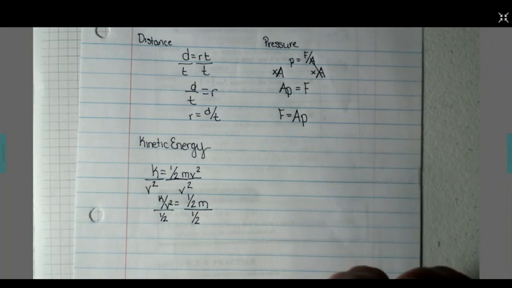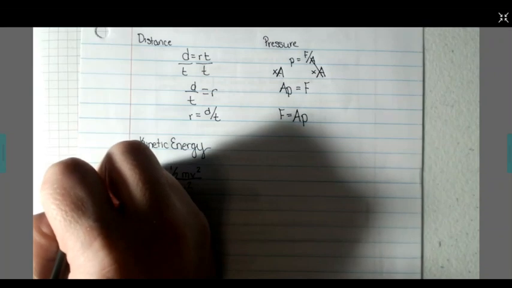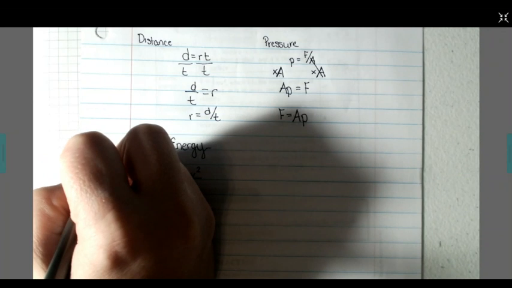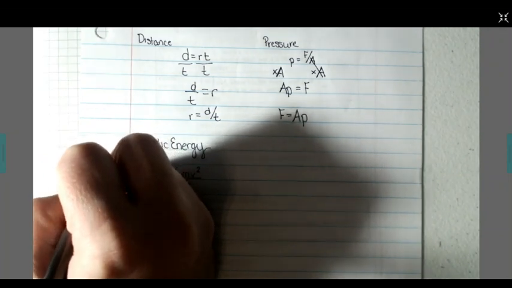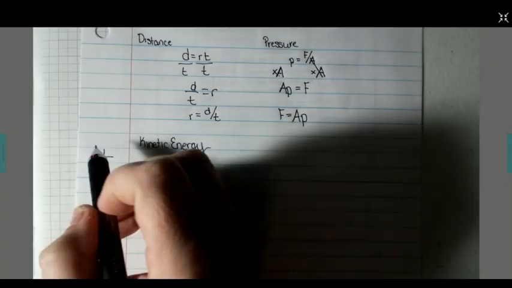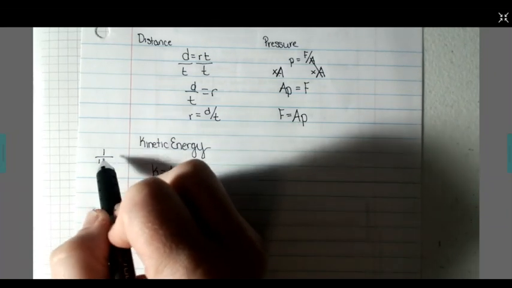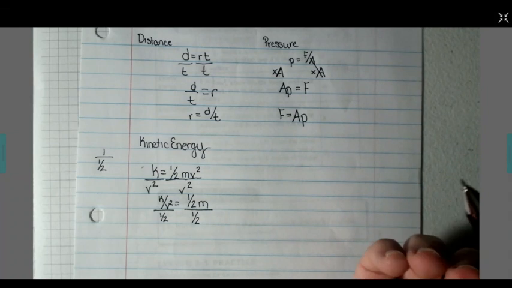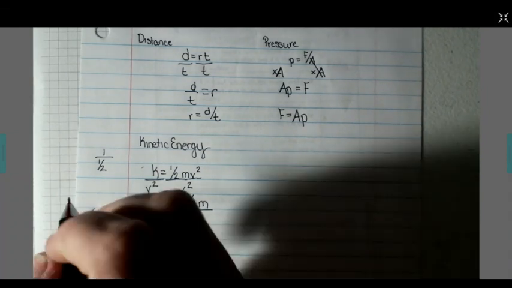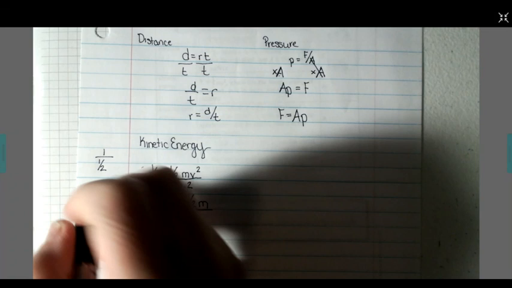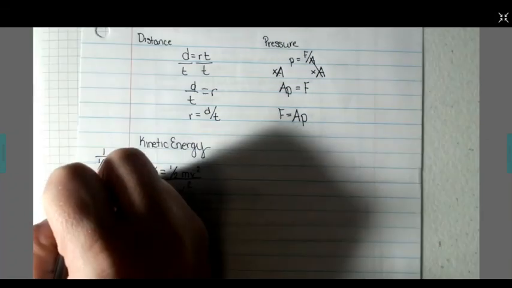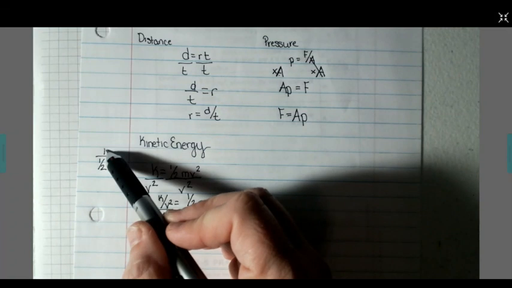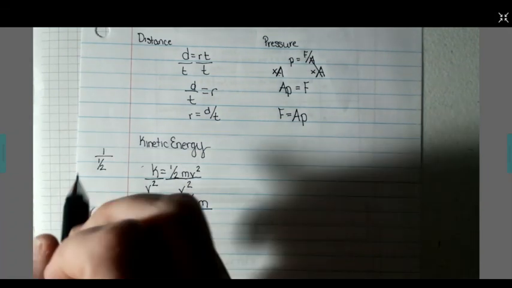Well, let me ask you on a side note, if I have 1 divided by 1/2, can anybody recall how to get rid of this fraction in the denominator? Because we don't really like that. We don't like dividing by a fraction. In math in your earlier years, you've probably seen something like this. We're going to change this first fraction, or the numerator, to a fraction.